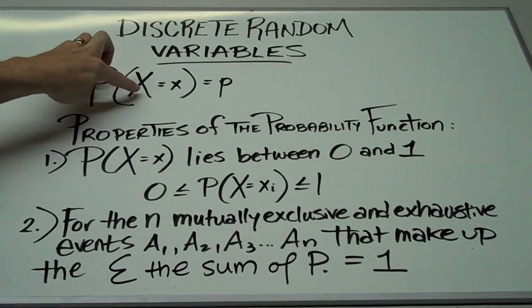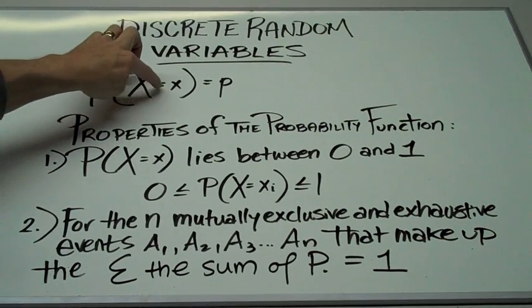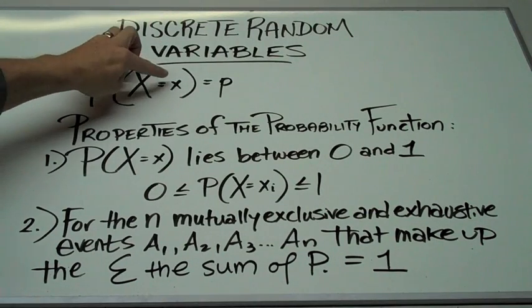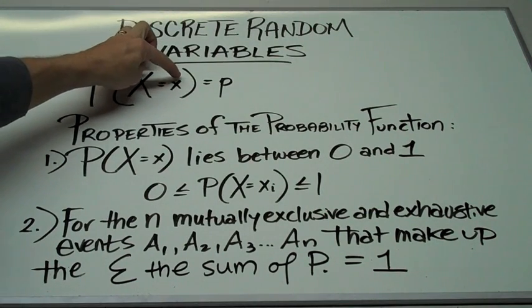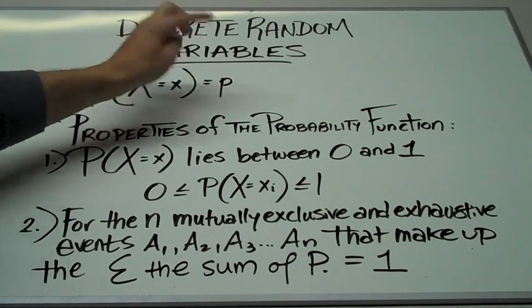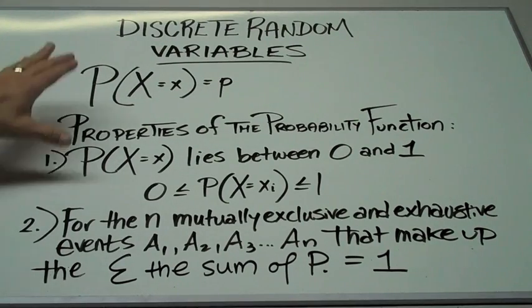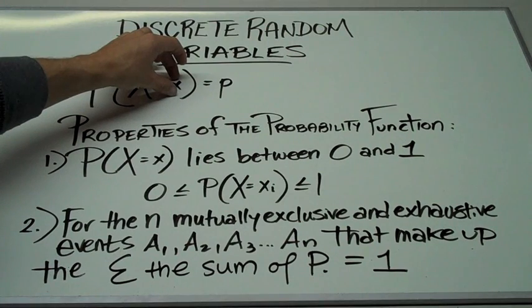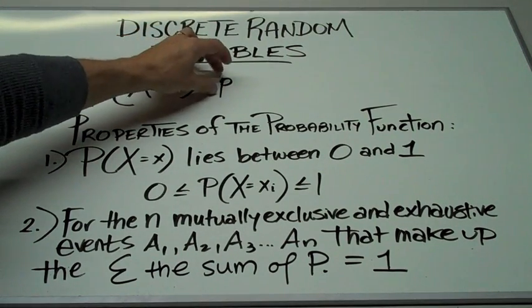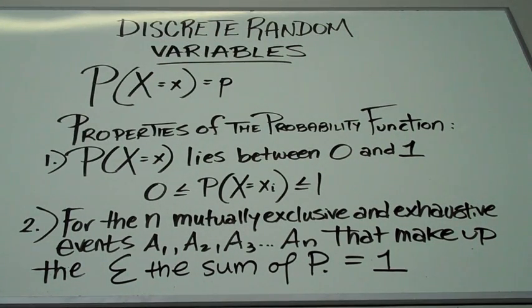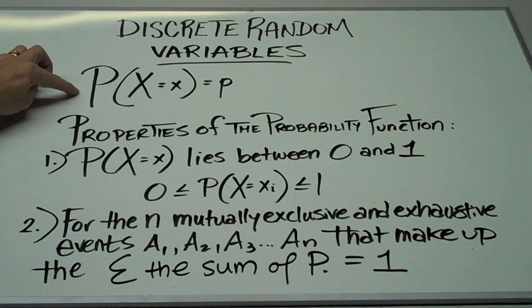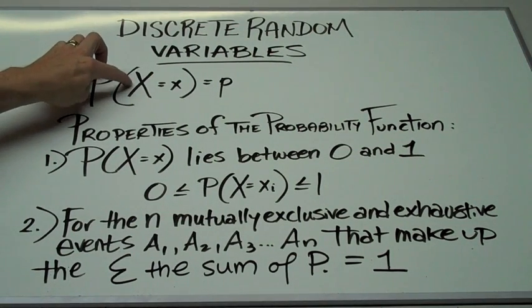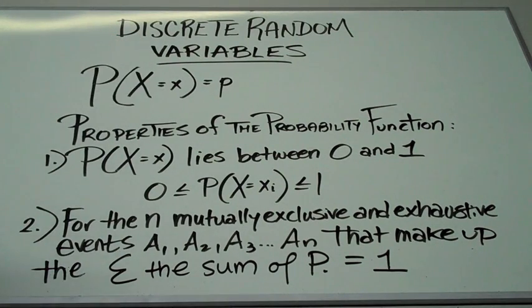So the probability that X, our discrete random variable, equals one of our values, in our previous example this would be 0, 1, or 2, is equal to some probability p. So the probability of each of these 0, 1, or 2 for two flips of a coin is designated as small p. That may be the hardest part of discrete random variables, just getting down the symbology. The probability that a discrete random variable equals some specific value is denoted as small p.